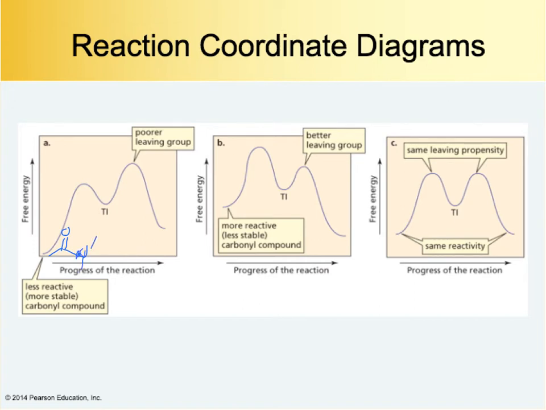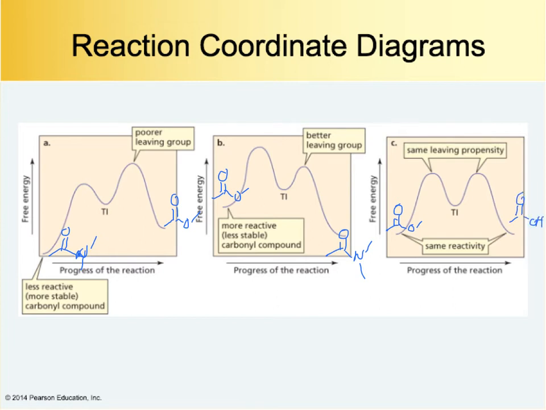That's pretty stable. That's not going to want to turn into an ester. Let's say you have an ester. You'll probably be able to turn that into an amide. But let's say you start out with an ester and want to turn it into an acid. Both of those are about the same.